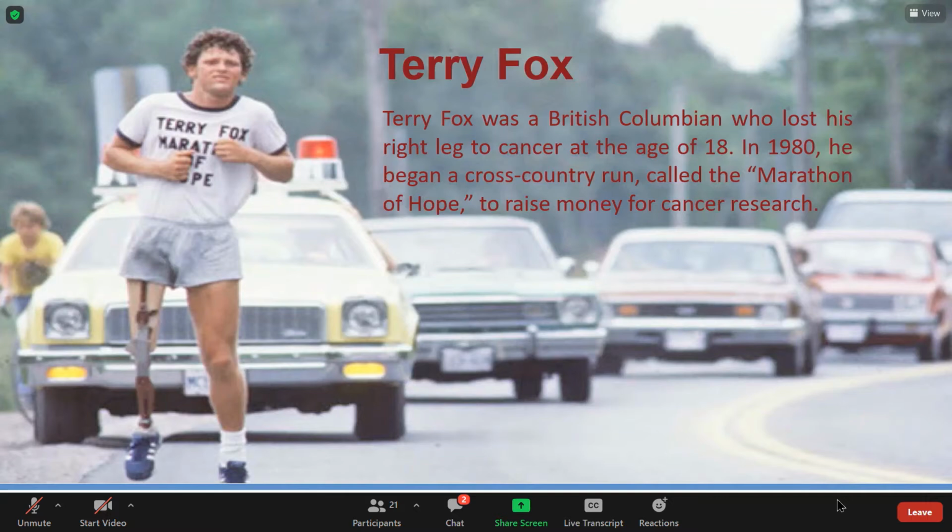And we have his statues in front of BC Stadium as well. Oh, we have a statue for him? We have a few statues in front of BC Stadium. So if you go to Vancouver, to BC Stadium, and look around, you will see the statue for him. I didn't know that, Mustafa. Thank you for adding that. And the marathon is called the Marathon of Hope. They might ask you about that as well.